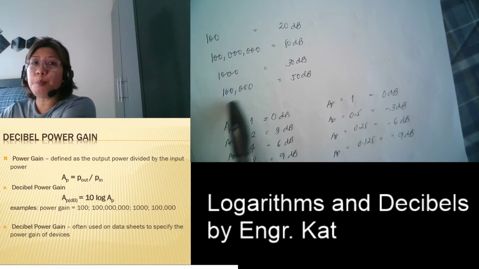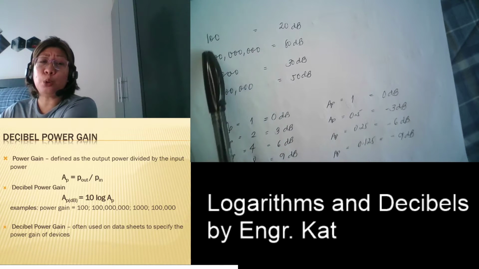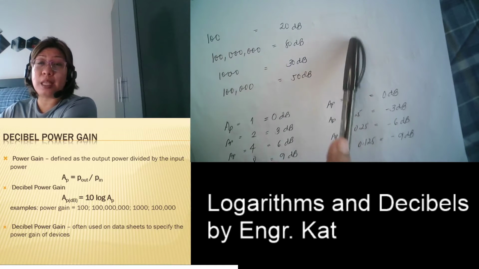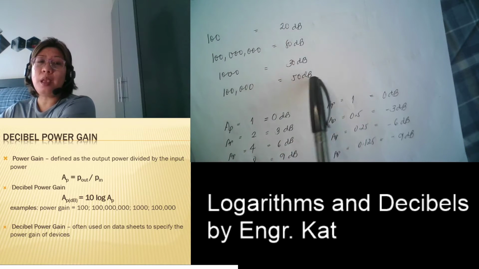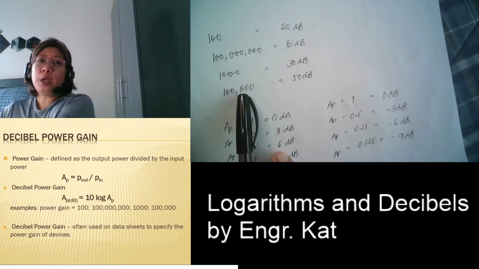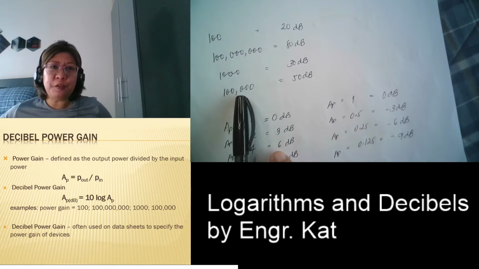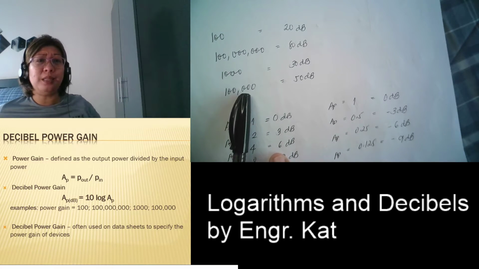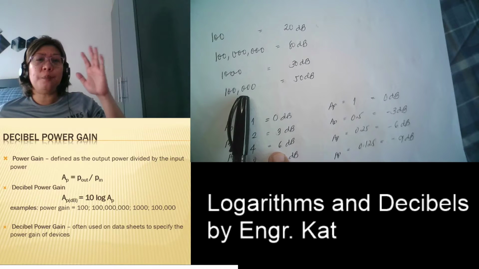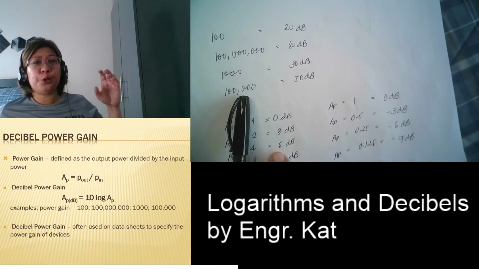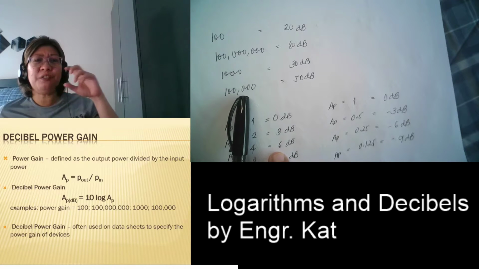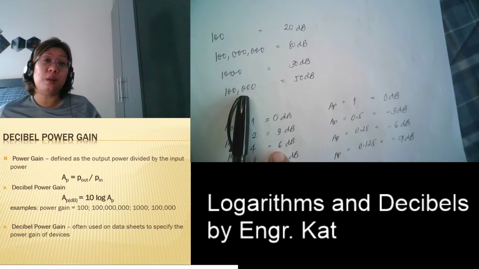These power gains are in absolute form, and these power gains are in decibel form. If you're going to draw a frequency response and graph several thousands of zeros, it is very difficult to write those zeros.